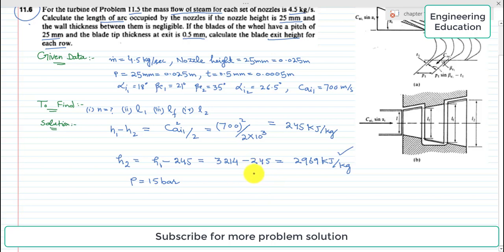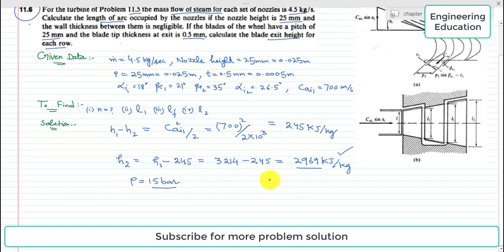So going to superheated steam tables, at H equal to 2969 kilojoule per kilogram and 15 bar.